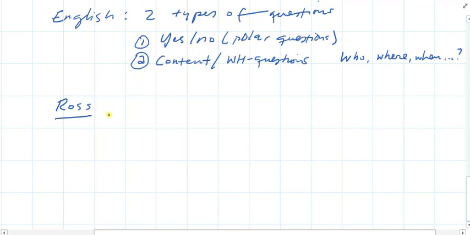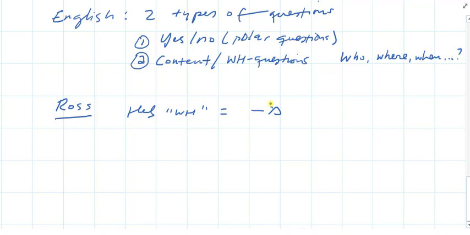So Ross's layout introduces us to how to ask what we would call WH questions. And interestingly, in Hebrew, WH questions is really mem, okay? The letter mem begins the WH sorts of interrogative words that we use.